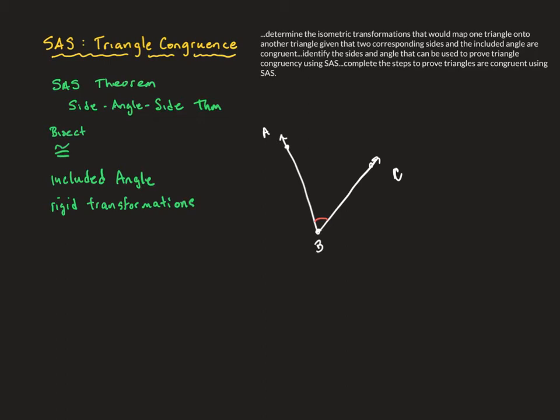So understanding that included angle, because when we talk about side angle side, this would be my side, this would be my angle, and this would be my other side when we start talking about congruence in the corresponding parts.